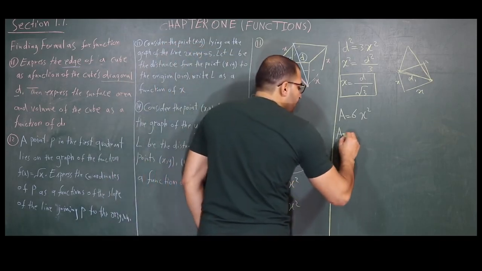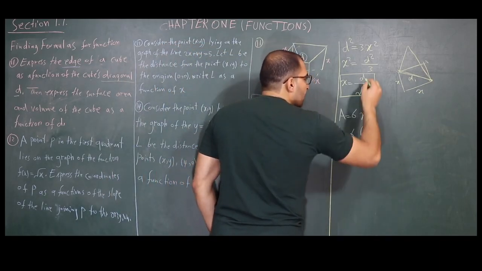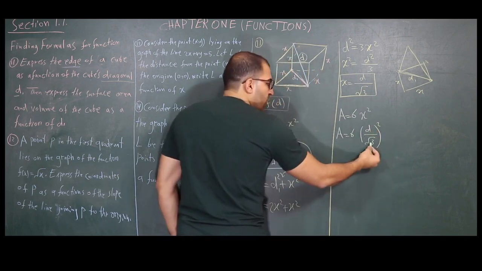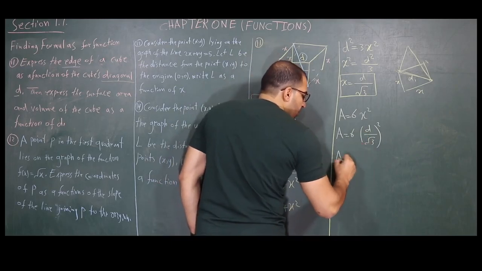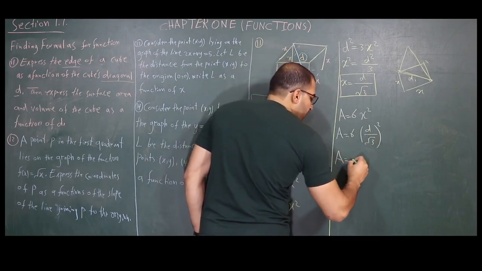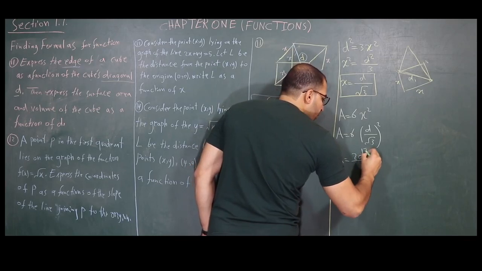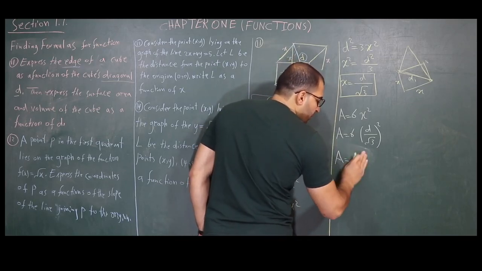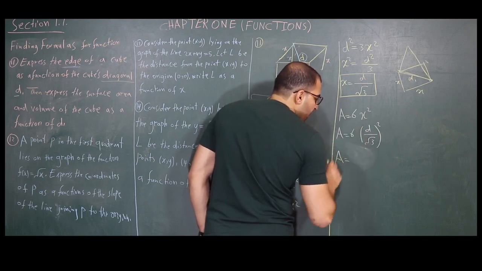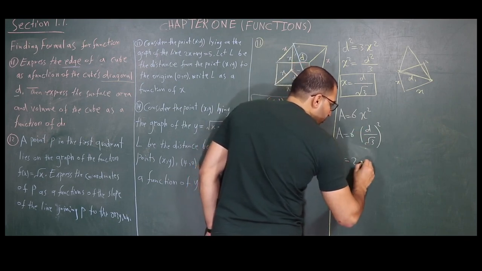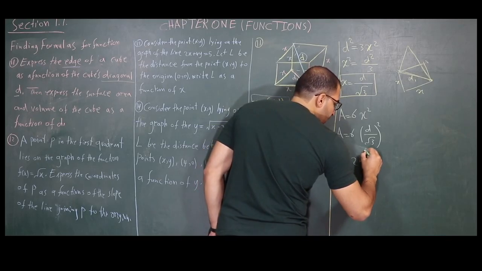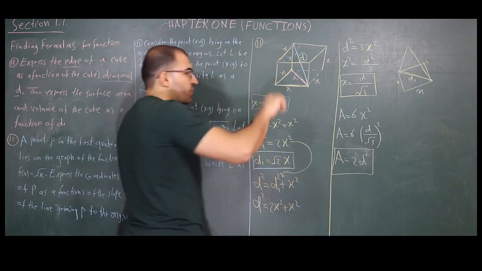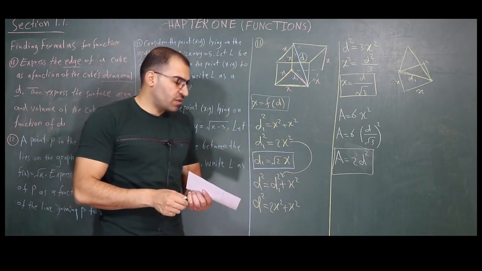So the area will be 6 d squared over 3. 6 divided by 3 will be 2, so I don't need any denominator. That's it, 2d squared. So I expressed the surface area of the cube as a function of d.